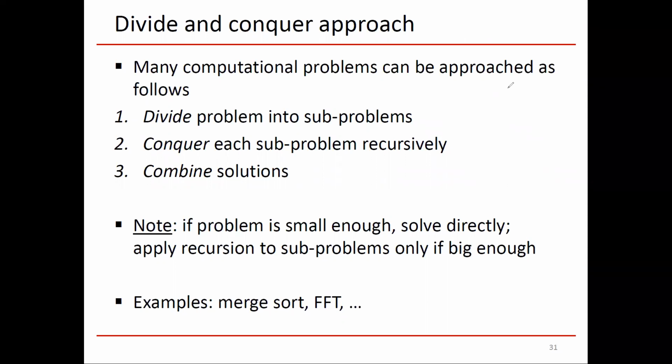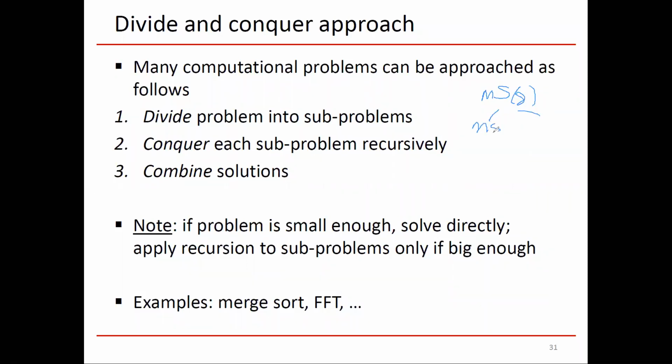So for example, recall that we had a sorting problem, and in merge sort, a problem of size 8, MS of 8, we partitioned it into two problems, MS of 4 and another MS of 4. And we conquer them recursively.